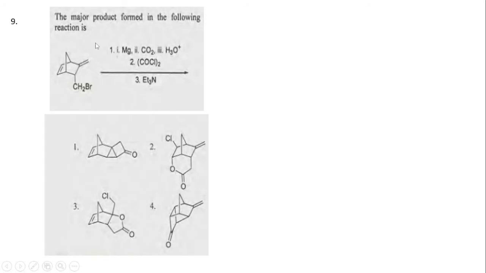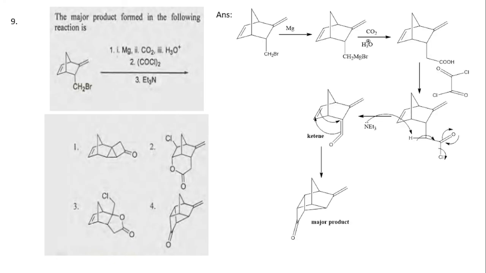Next question. The major product formed in the following reaction is, they have given this substrate and the reagents, and we need to find out the major product of this reaction. So first, they have given this CH2Br, that is bromide.